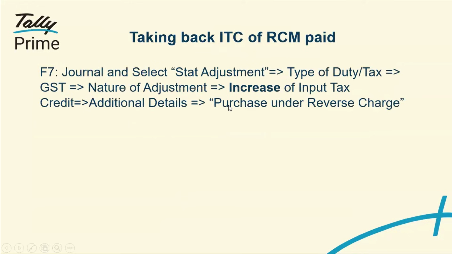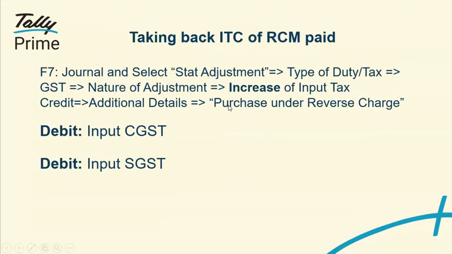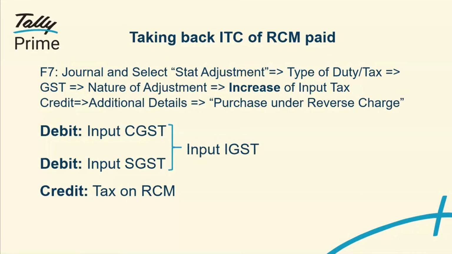The second entry, on claiming the input tax credit, I need to debit the input CGST, input SGST ledger or input IGST. My simple request here is, always whenever you are maintaining the full set of accounts in TallyPrime, have different ledgers for output CGST, output SGST and input GST, because arriving at the tax ledger balance is much more important at the year end.